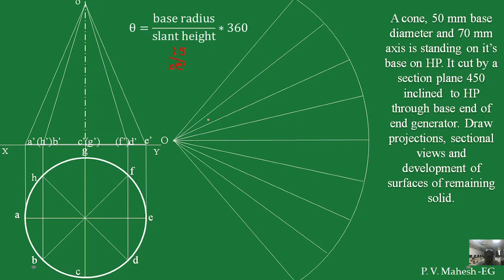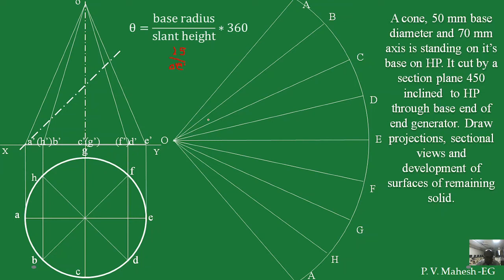Now what I have to do? I have to draw the section plane. How is the section plane? It is passing through one end of the generator, so one end of the base. Okay, so it is passing through either A or E. So I am taking it passing through A and making an angle of 45 degrees with HP.